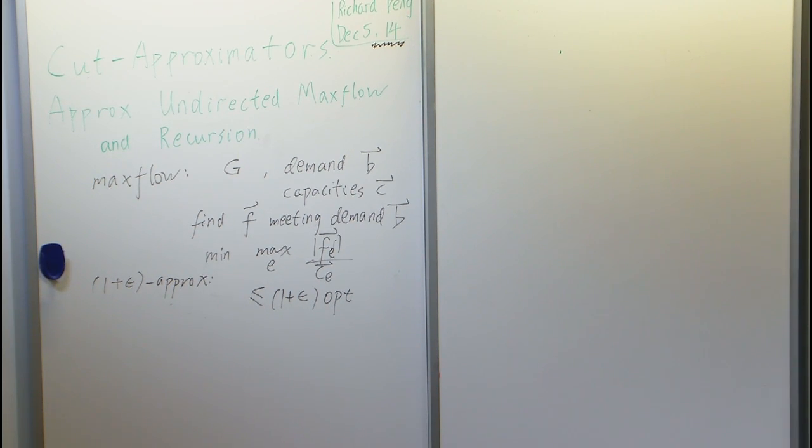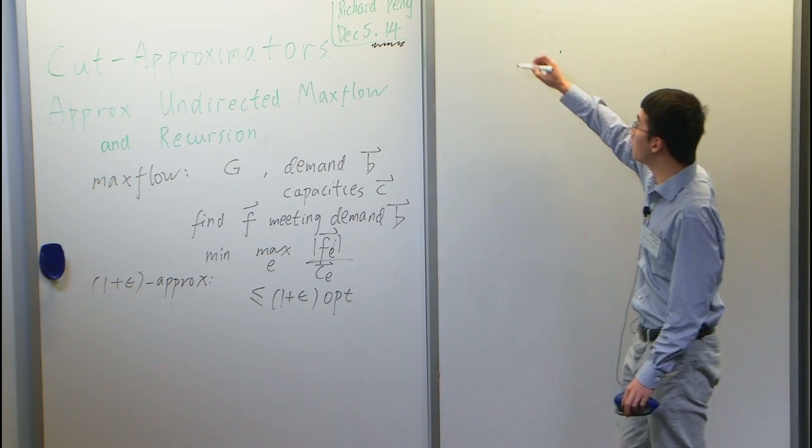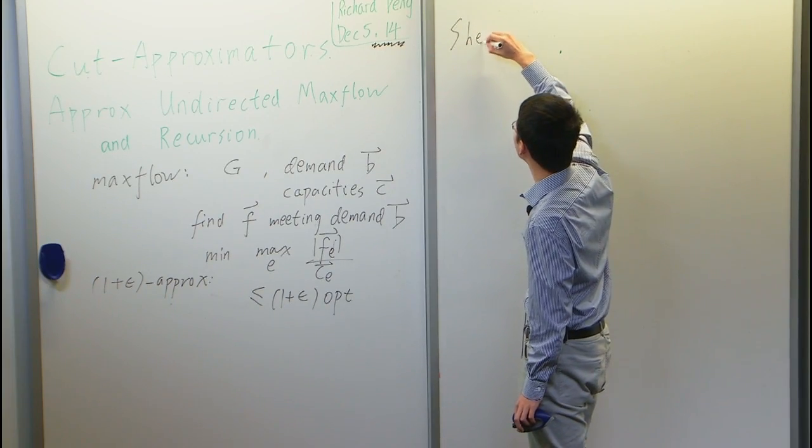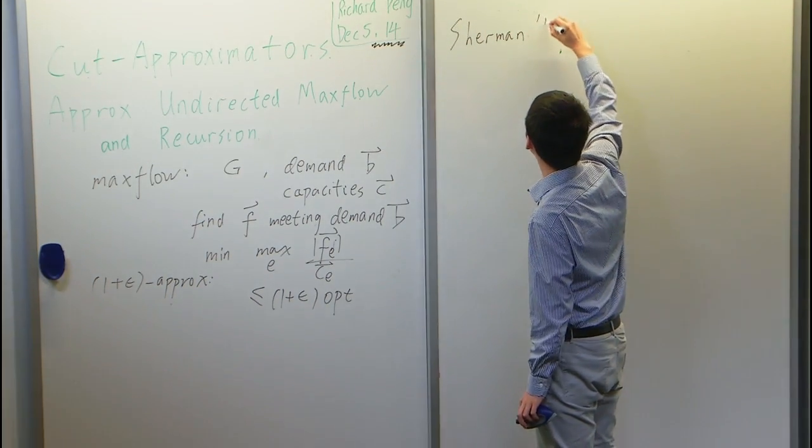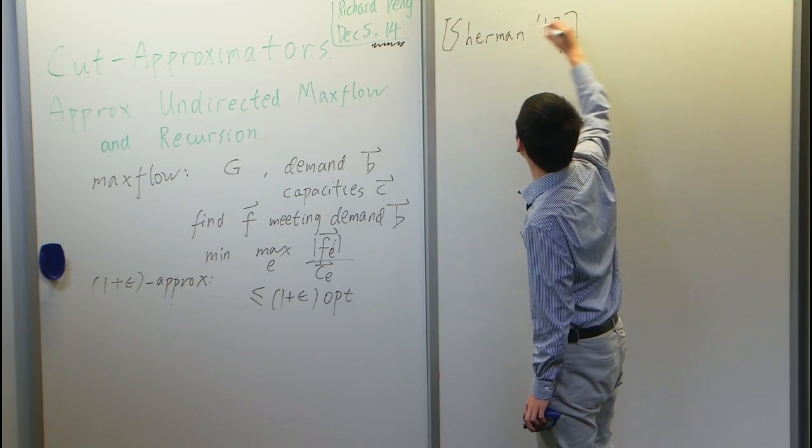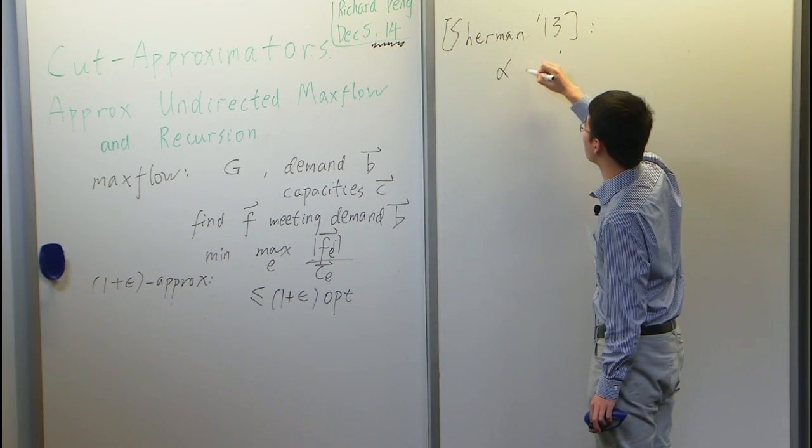In the previous talk, Jonah described a very clean way of reducing from cut-approximators to algorithms for approximating undirected maximum flows. The key definition in Jonah's talk is this notion of an alpha cut-approximator.